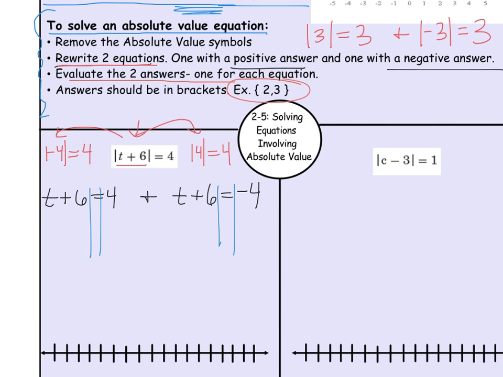t plus 6 is equal to 4, so we undo with the inverse operation by subtracting 6 on both sides. And we get that t is equal to a negative 2. And subtract 6 on this side. t is equal to, add the opposite, a negative 10. So in brackets, my solution would be negative 10, negative 2.